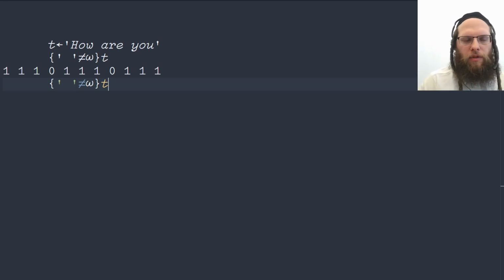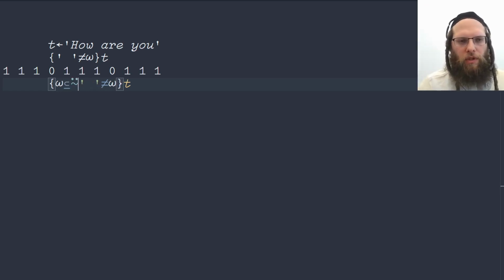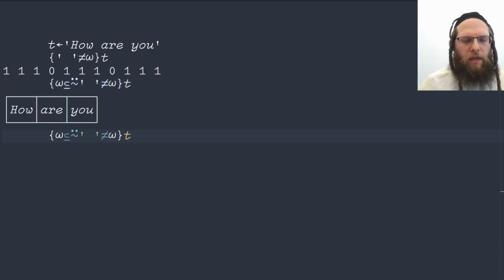Any character that corresponds to a zero will be discarded, and at this point we'll begin a new segment. So we partition using this mask. Now it's a question of processing each word separately.